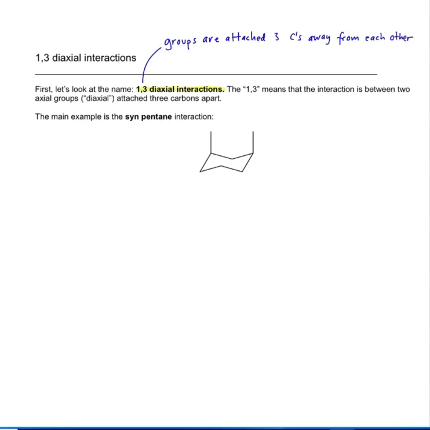We can see that in the picture down below. Numbering the carbons, one methyl group is attached at the first carbon in the pattern, the other methyl group is attached at the third. The term diaxial means that both of the groups are in axial positions.